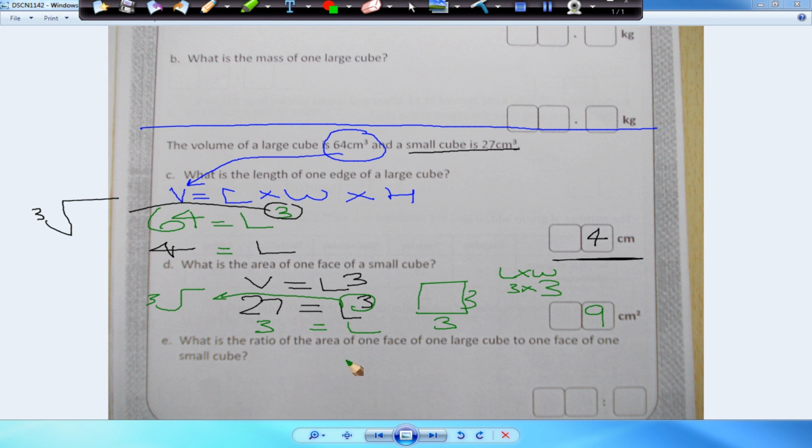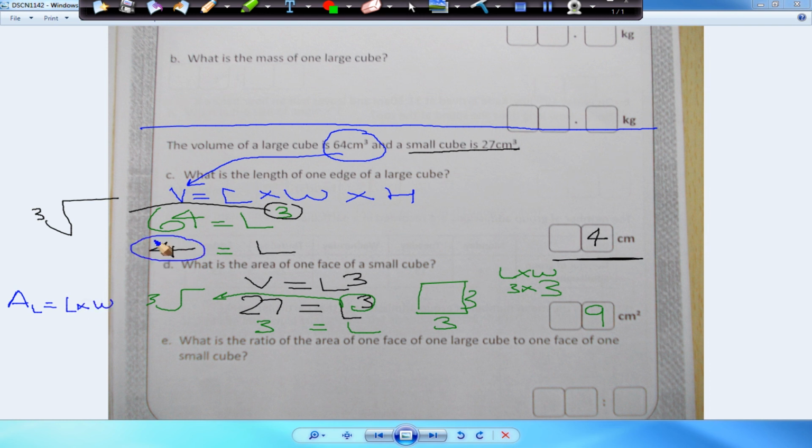Okay. Let's have question E now. What is the ratio of the area of one face of the large cube to one face of the small cube? First of all, we haven't worked out the area of the large one yet. Let's work it out first. Can you see it on the board, folks, clearly? The area of the large cube is equal to the length times by the width. What was the length of the large cube?